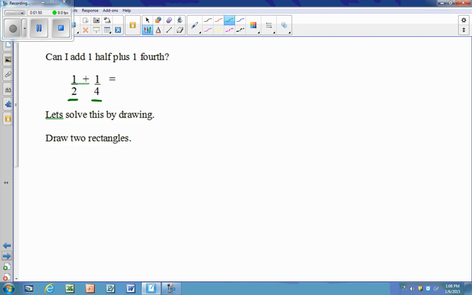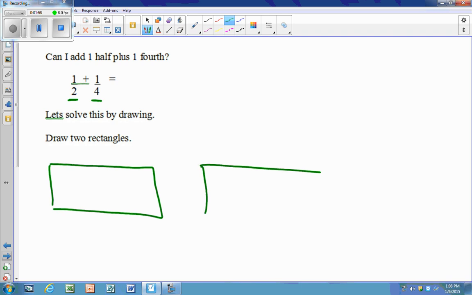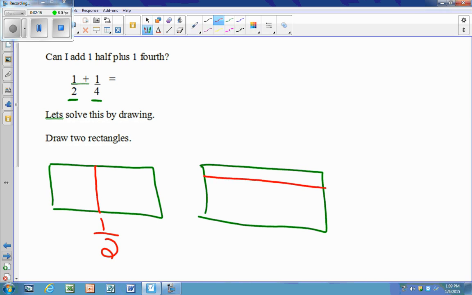So since I have 2 fractions, I'm going to draw 2 rectangles, one for each fraction. This one is going to represent 1/2. And in order to make 1/2, I'm going to draw one line down the middle. All lines in my first rectangle are going to be vertical, up and down. Then, over here, I'm going to do 1/4, and in my second rectangle, I'm going to make them horizontal.